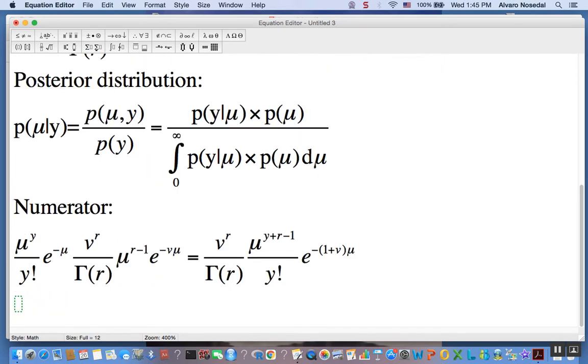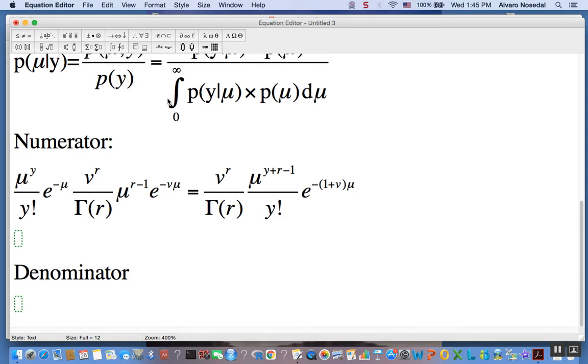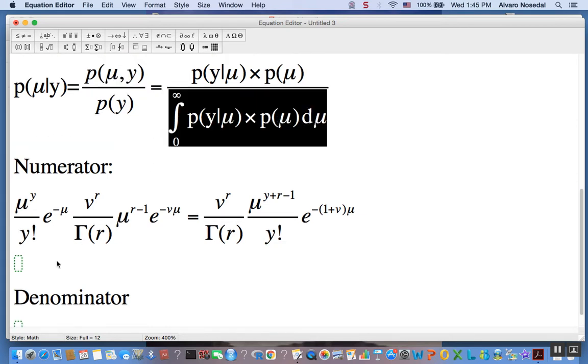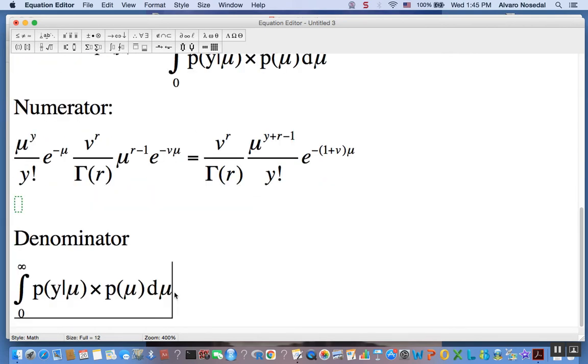Okay, so that's the numerator. Let's talk about the denominator. Let's find that integral. So it's the integral with respect to mu of this, right?